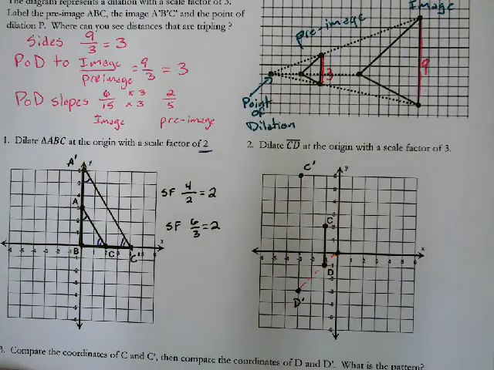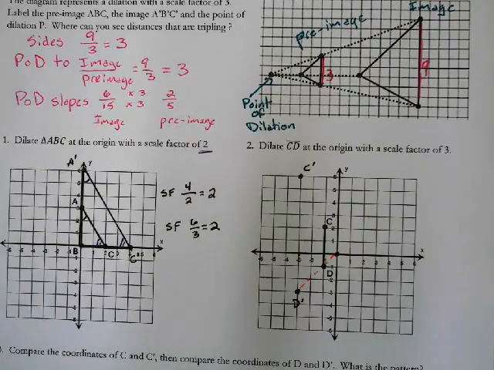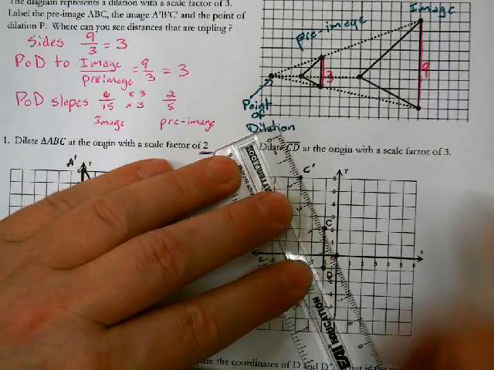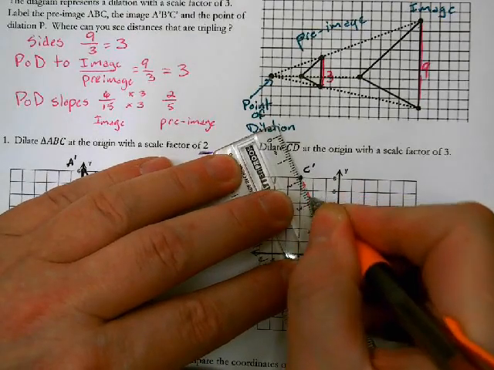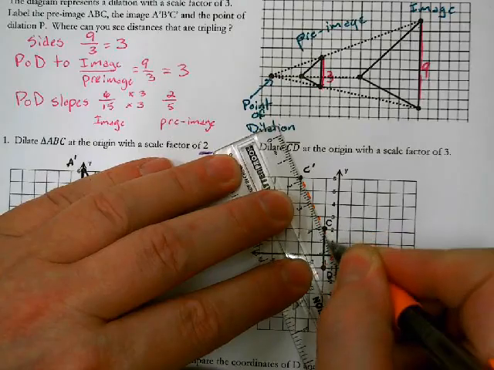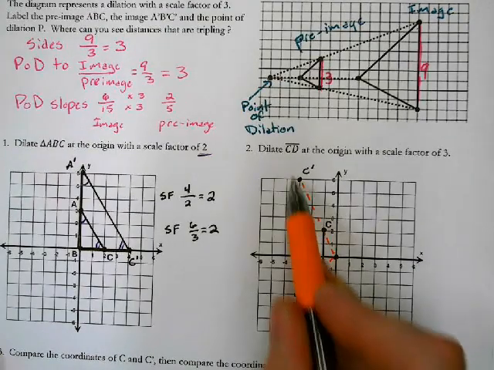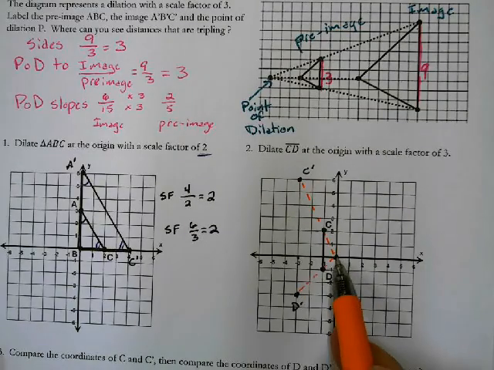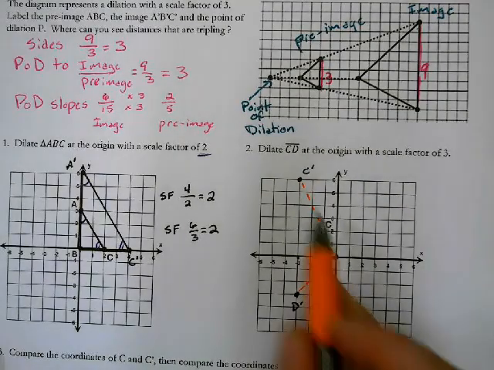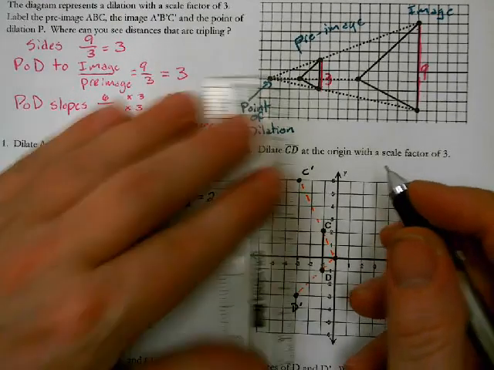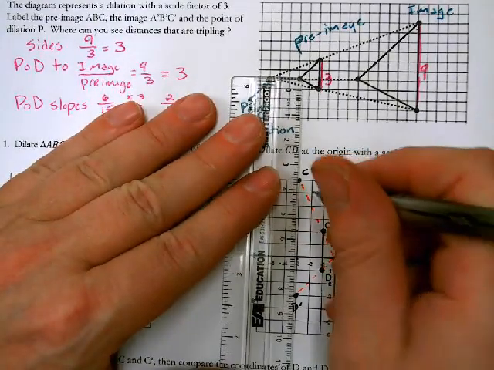And we can double check to see if we did this correctly by making sure that we can make a straight line from the point of dilation through the pre-image to the image. And we can. So we've made a straight line from the point of dilation to the pre-image to the image. So our new shape is this line over here, and it should have been tripled if we've done this correctly.